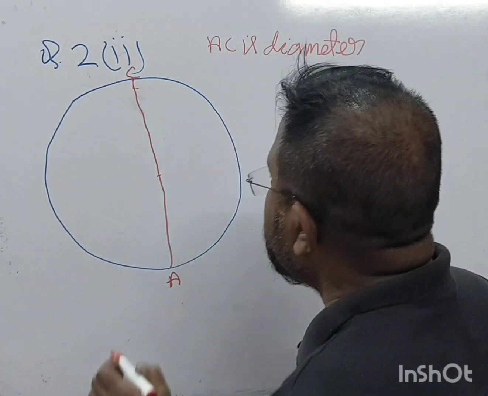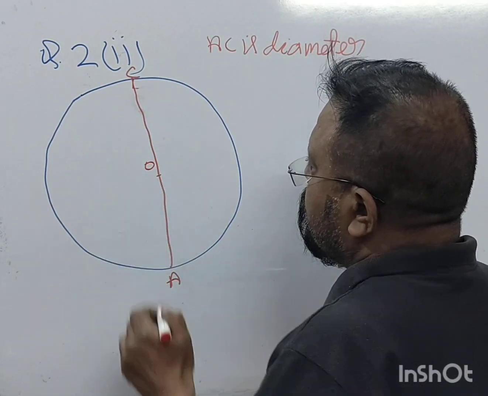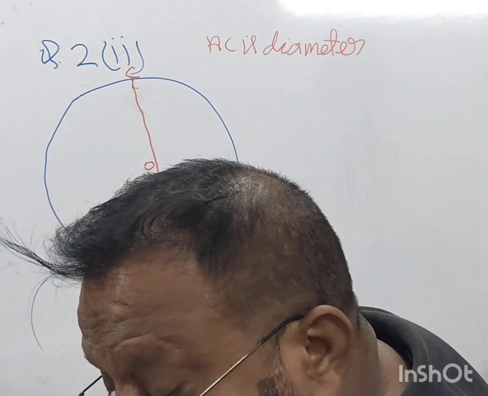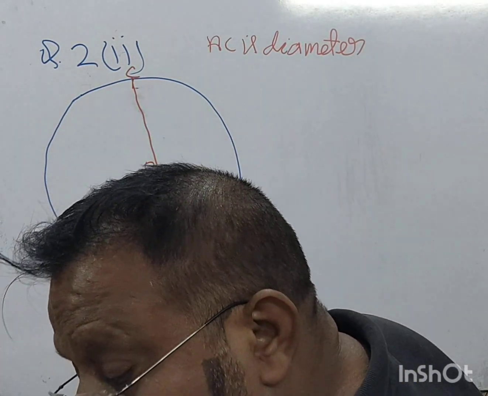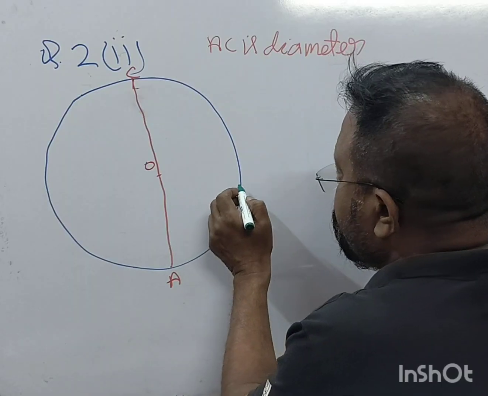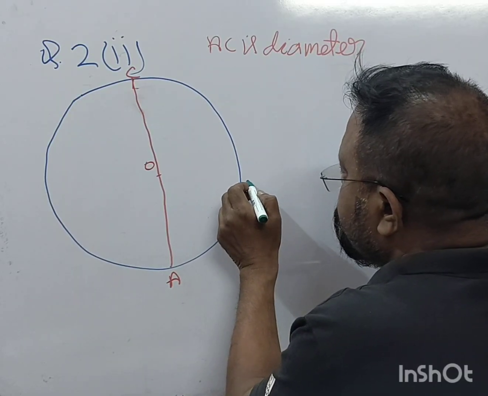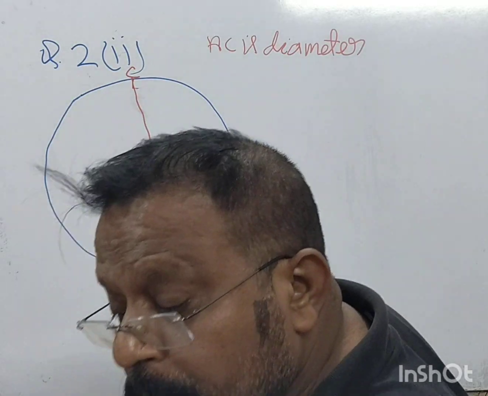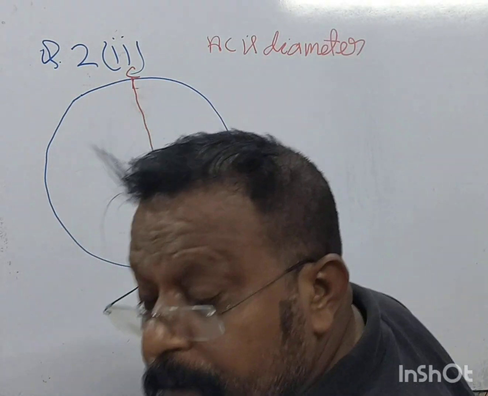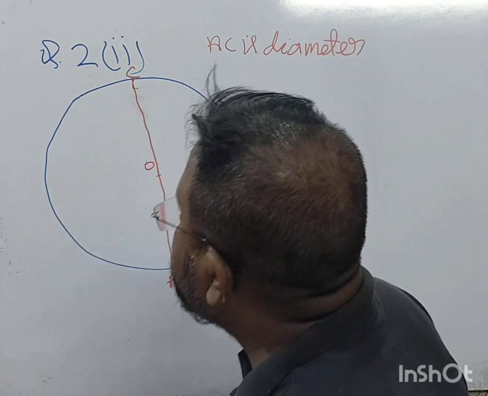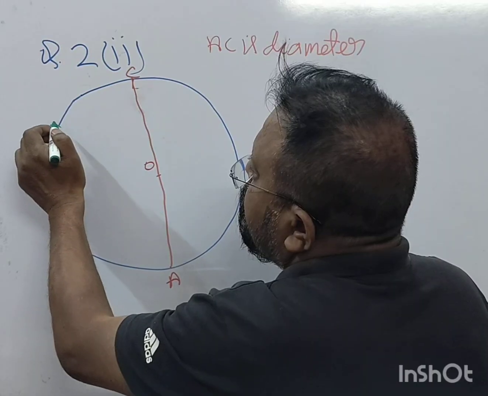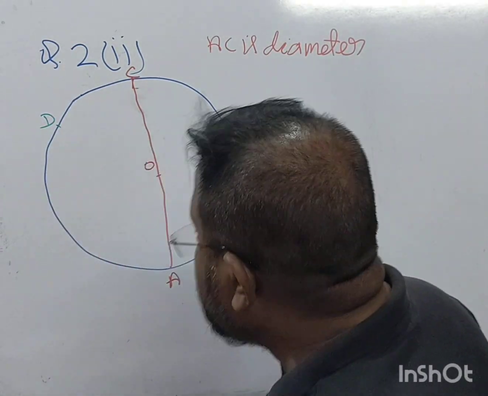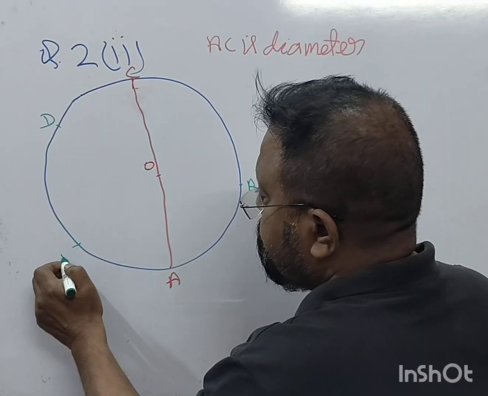This O is the center. O is the center. This is B, this is C, then we have D here, and we have E here.